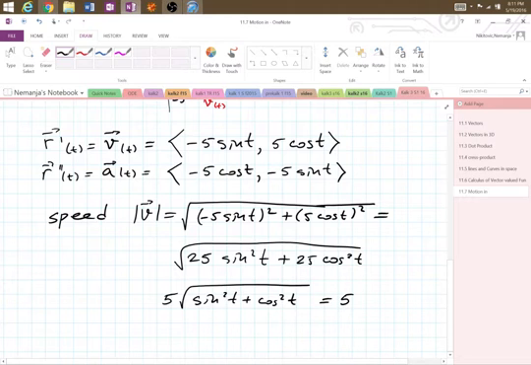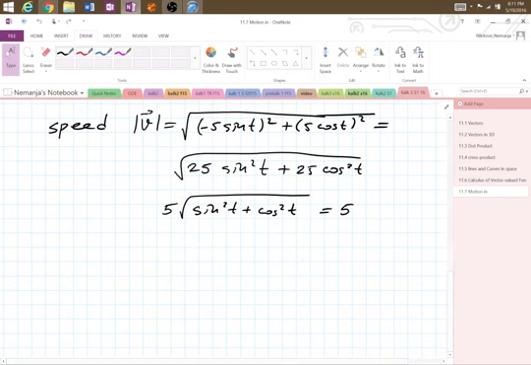As I mentioned, we can do this for any shape that we want. So we can also consider the straight line motion in space, which would have constant velocity.